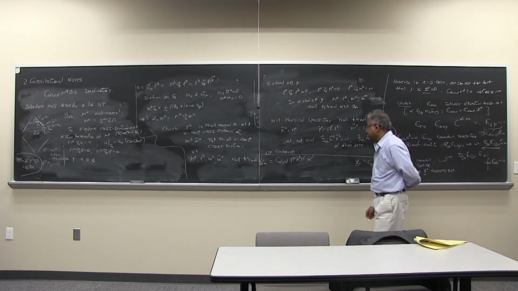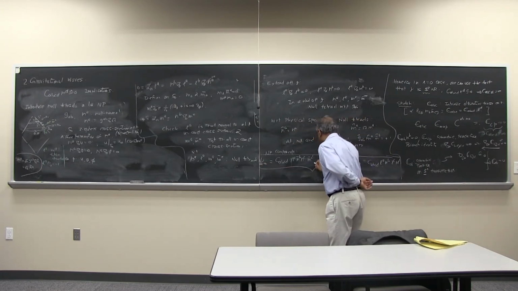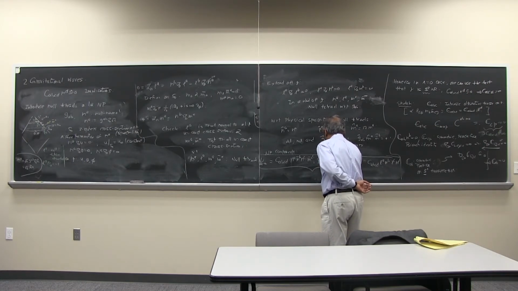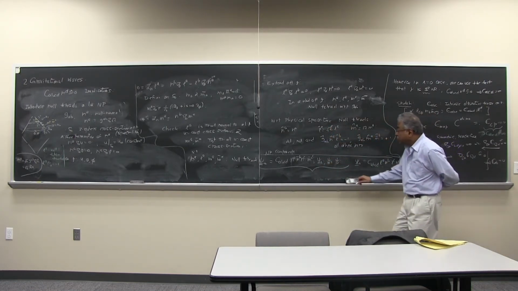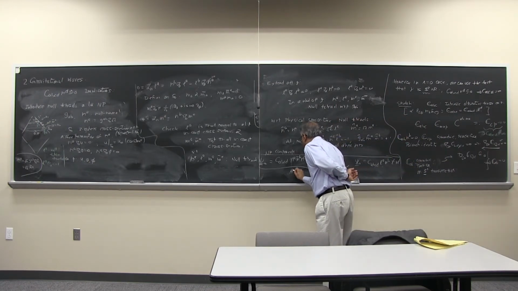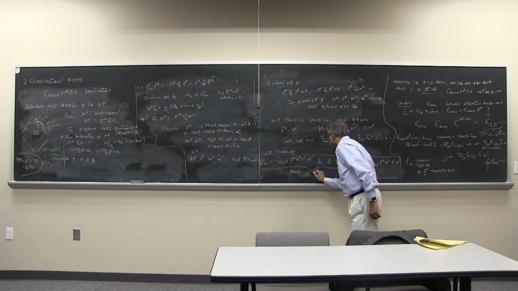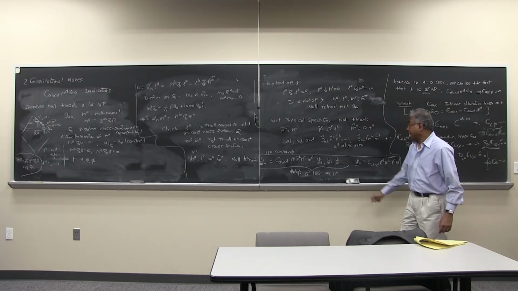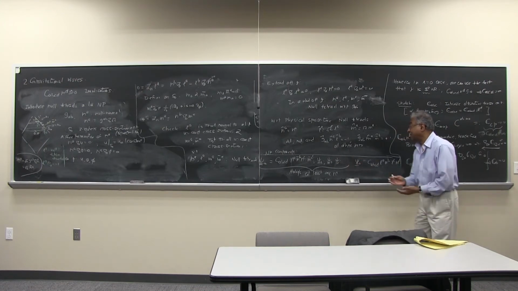Now, what you will find is that if I look at these four components, psi 4, psi 3, psi 2, and psi 1, there is always at least one n. In psi 3 and psi 4 there are 2 n's, and in psi 2 and psi 1 there is 1 n.